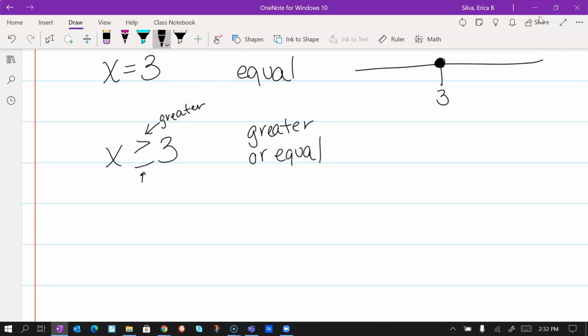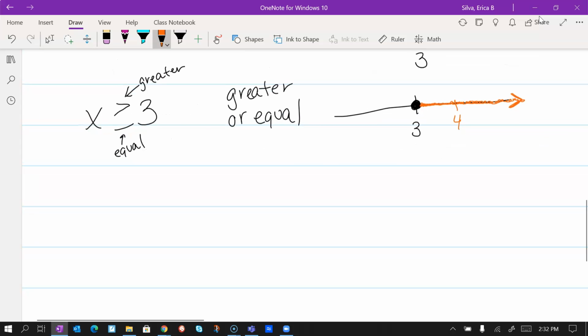And this down here, it's like half of an equal sign, so that means equal. And when we put it on a number line, we put 3. We know it could be equal to 3, so I'm going to put a solid point on there. And anything greater than 3 is 3.1, and then we go to 4. And all of these points make up the rest of the solution.